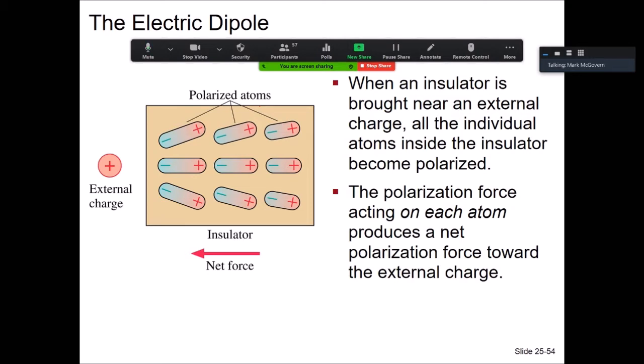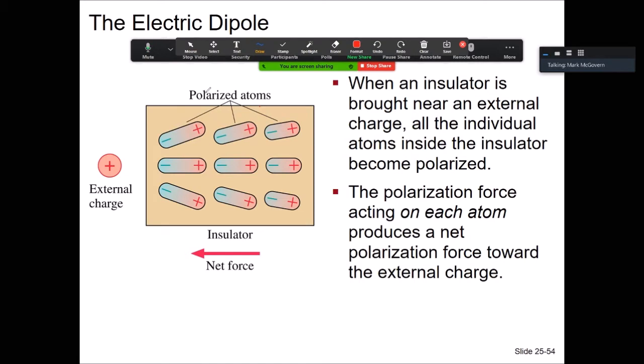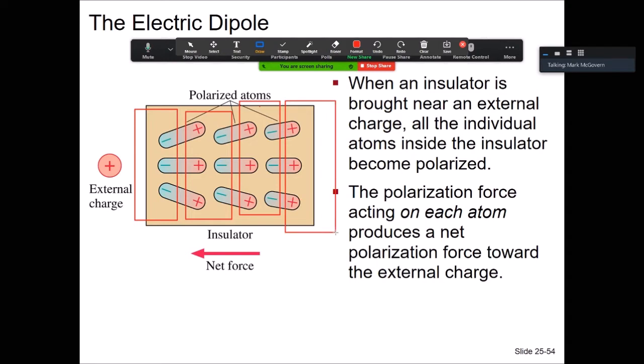And what ends up happening here is if you look, say, right about here, everything's electrically neutral there, right? And if you look right here, everything's electrically neutral here. The issue comes when you have the far left side with a bunch of negative charge built up and the far right side having a bunch of positive charge built up.